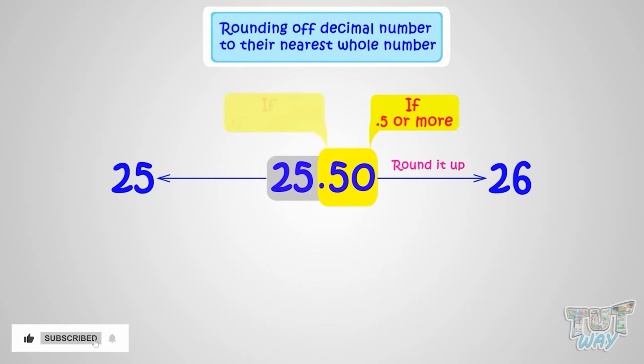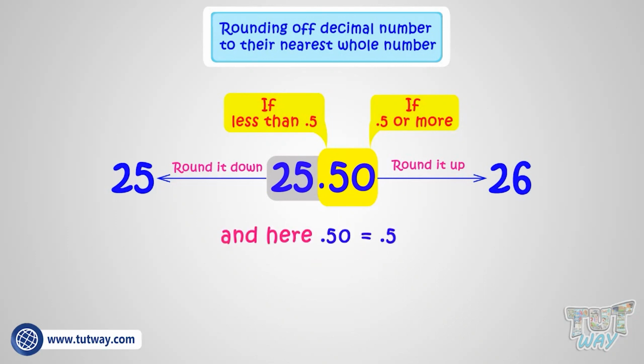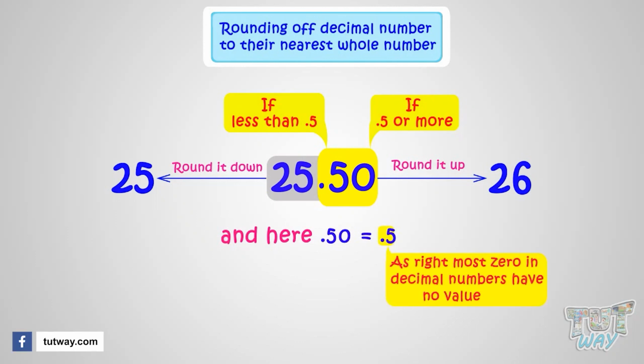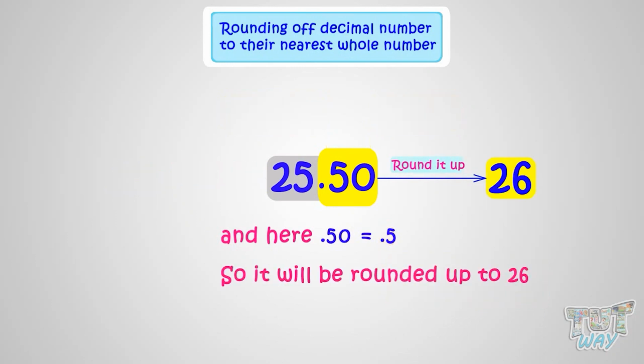And if the decimal number is less than 0.5, we round it down. And here, the decimal portion is 0.50. 0.50 equals 0.5, as 0.5 and 0.50 are one and the same, as zeros in the rightmost places of decimal numbers do not matter. So this number will be rounded up to 26.